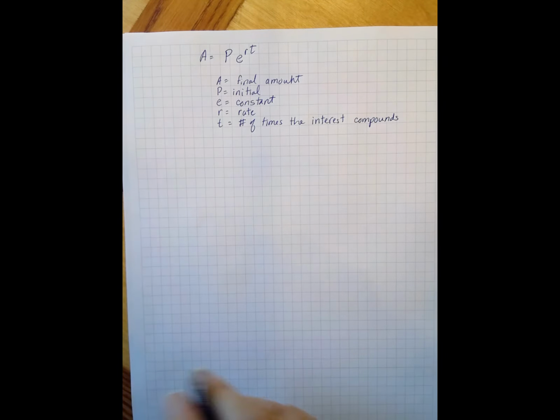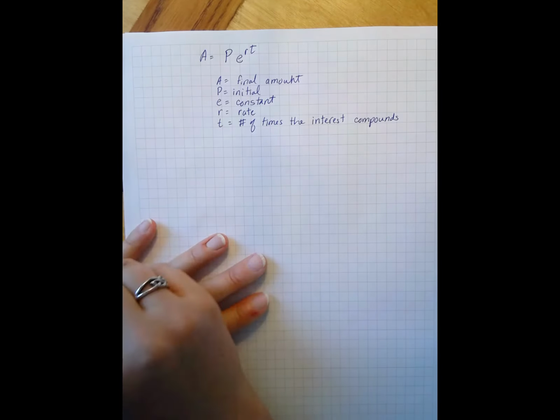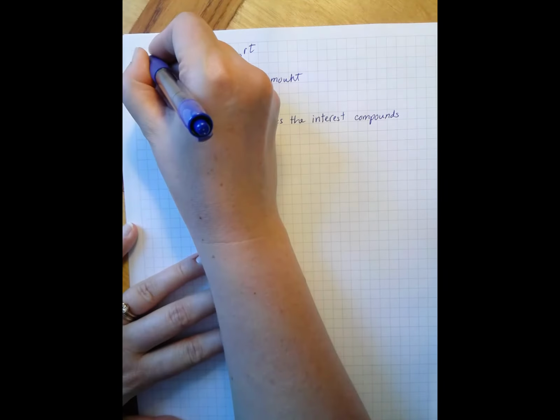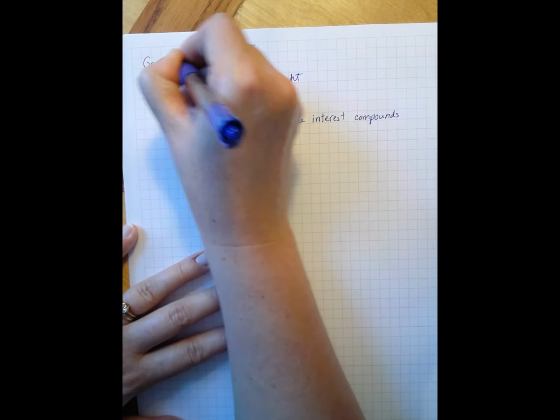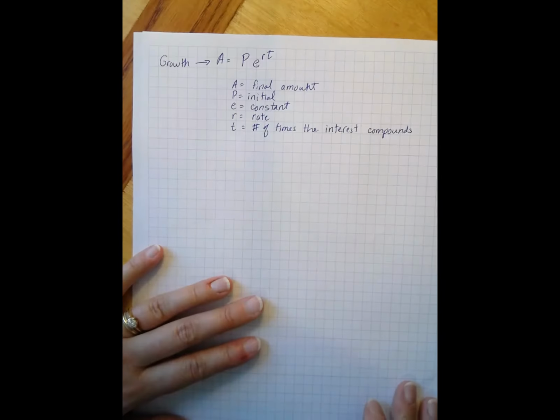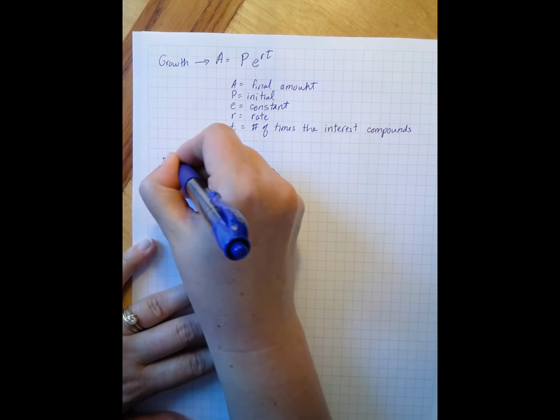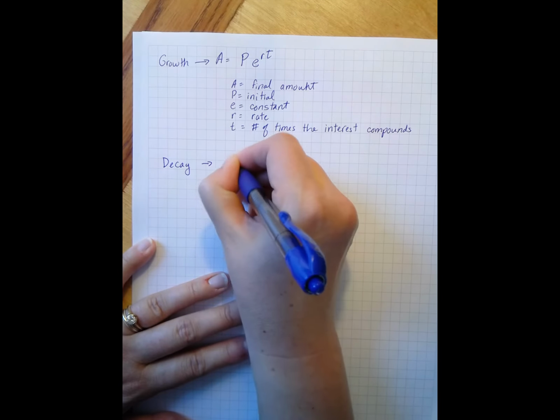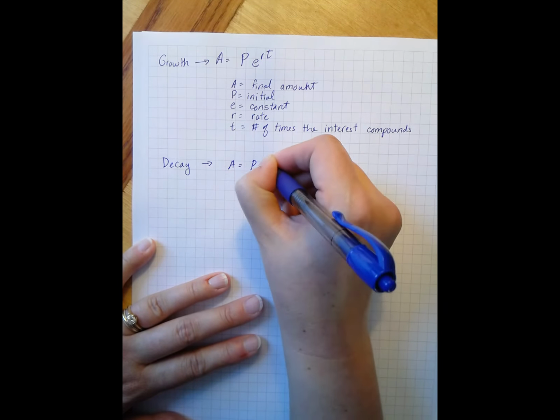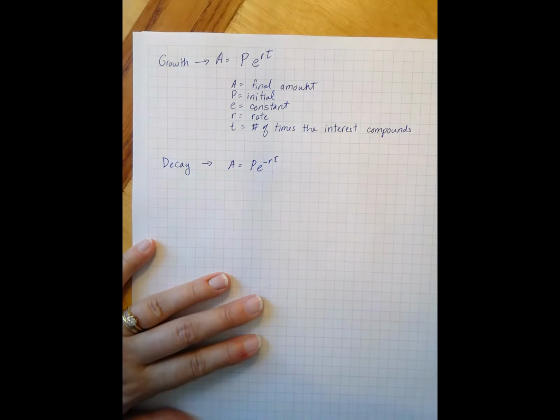Now it turns out that we actually have two formulas: this is our growth, and we have one for decay also. The only difference being that my power is negative.